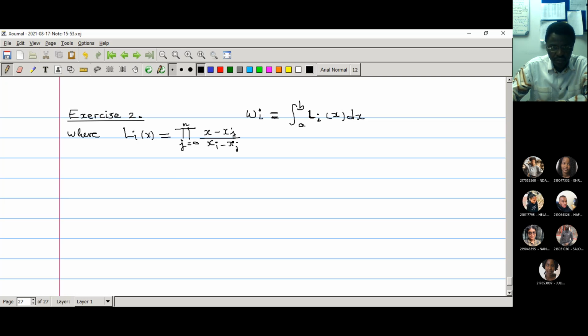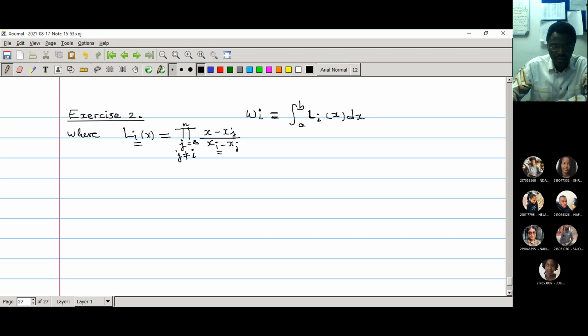In the denominator you must also have xi minus xj, so it will be the same. The index i here will be the same as this one. And because this should not be 0, you say j is different from i.